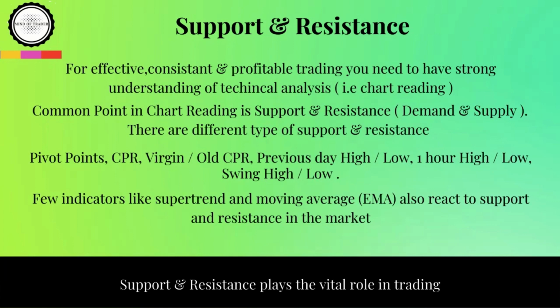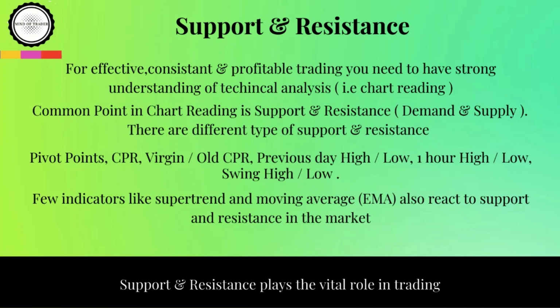Now, when we talk about support and resistance, there are different types of support and resistance providers in the charts. Pivot points, CPR, they are very strong support and resistance providers, and they are already there in the indicators.